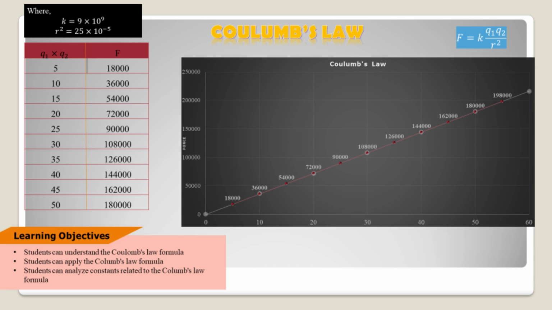If we put it in the table with the range where Q1 times Q2 is 5, and we calculate the force by the formula, we have the force equal to 80,000. If Q1 times Q2 is equal to 10, the force is equal to 36,000.